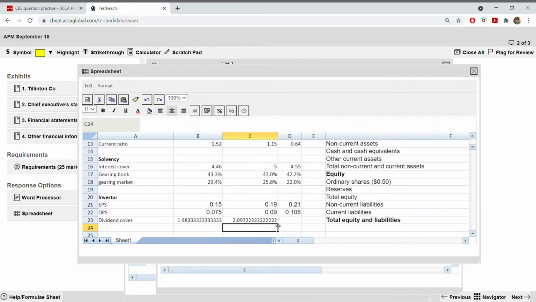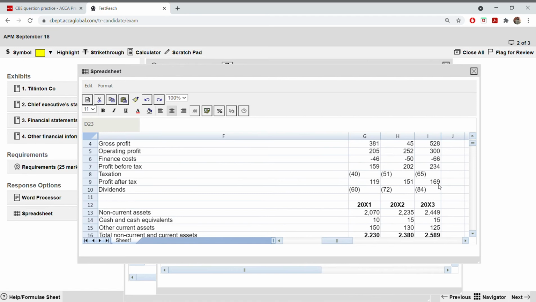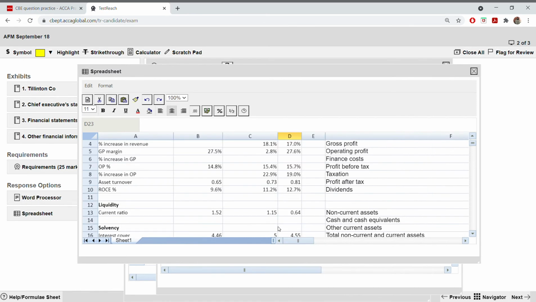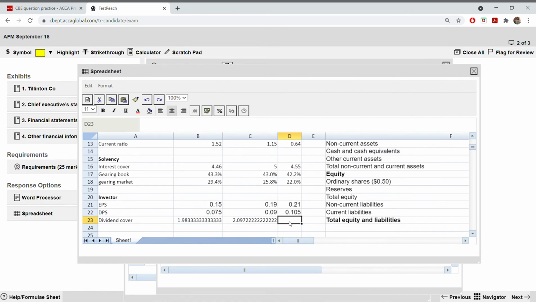And the last one is, what is your profit after tax? 169 divided by 84. Divide by 84. What I'm going to do is take it to two decimal places. Okay. So 1.98, 2.1 and 2.01.